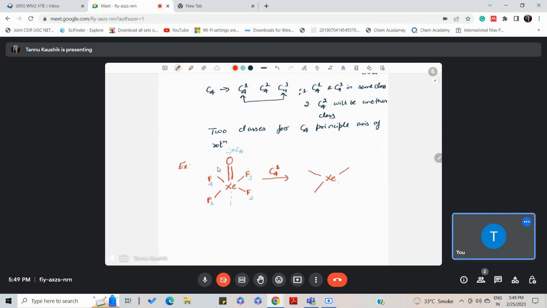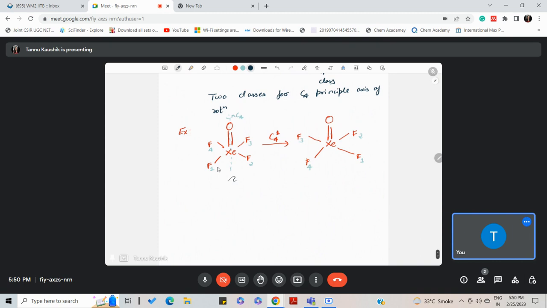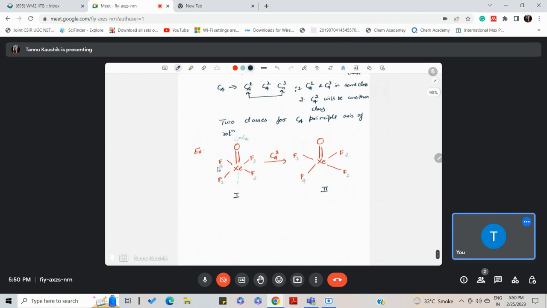So it will change like this: F1, F2, F3, F4. So this is the configuration we get.